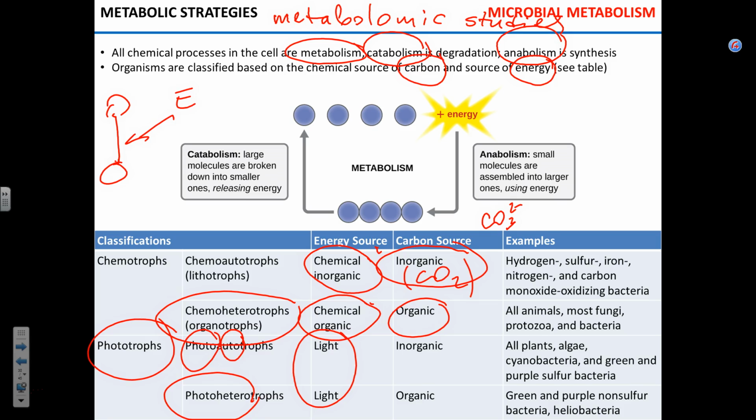There are, though, chemoautotrophs, which I find absolutely fascinating. They use chemical reactions as the source of energy, and they use inorganic sources of carbon, like CO2 or carbonate. They are also called lithotrophs because the chemical source that they use is not based on organic matter.